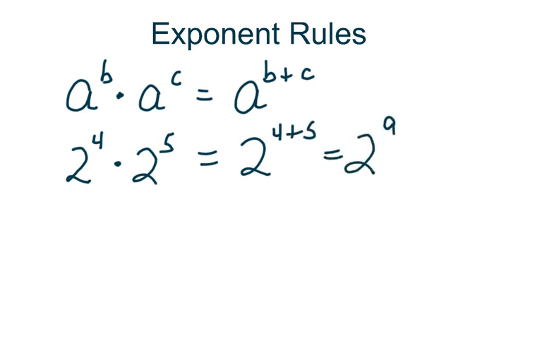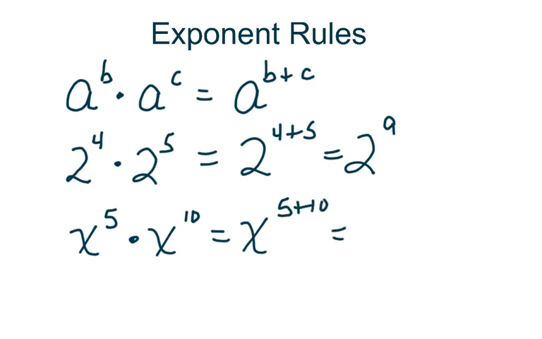It works the same for variable bases. If we have x to the 5th power times x to the, let's say, 10th power, that becomes x to the 5 plus the 10, or x to the 15th power.